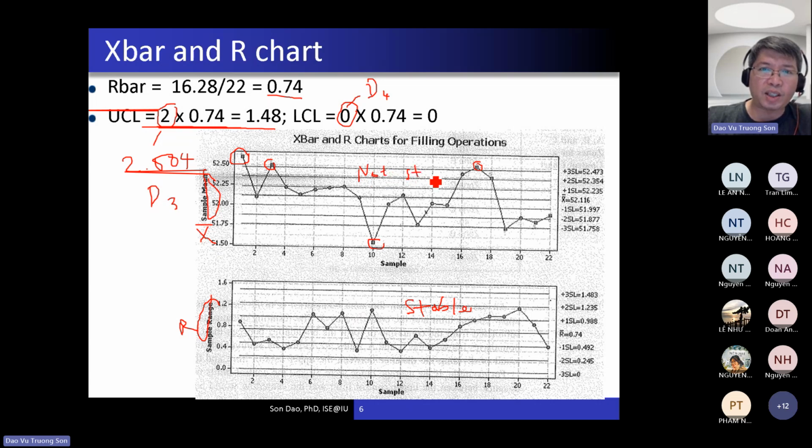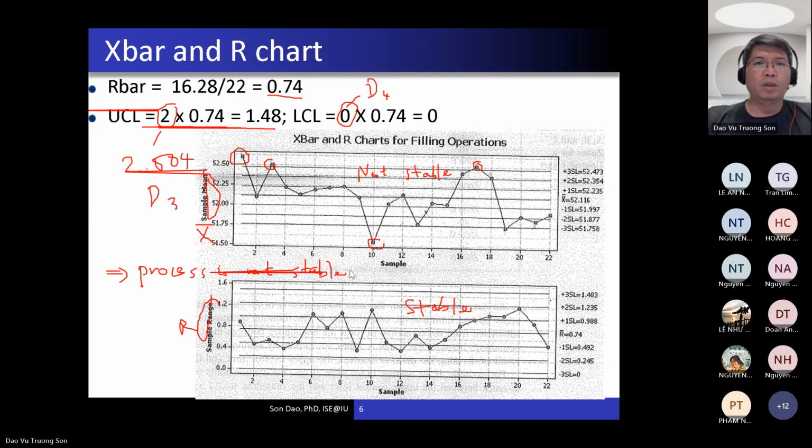So the whole process is not stable. Our conclusion is that the process is not stable. All right. Do you have any questions so far?